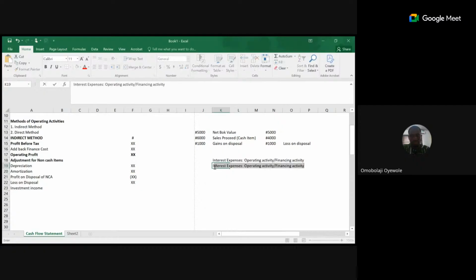The same thing applies to investment income. Investment income is supposed to be treated as an investing activity. In your income statement, your investment income would have added up to your total income for the period.